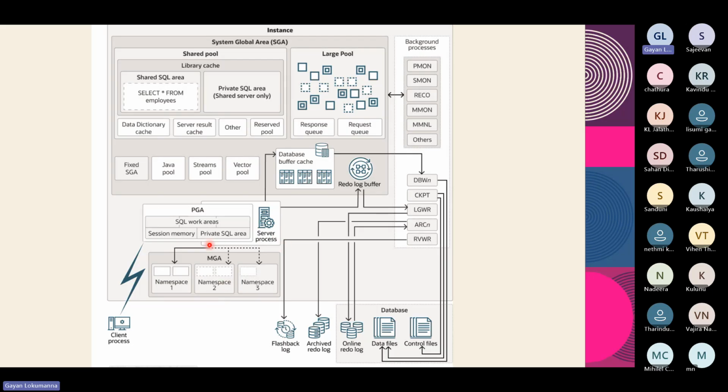So all these will be managed within a memory area called the PGA. And this PGA is bound or attached to the server process. So when I say attached, this PGA is actually a private space for the client process. Since this server process is dedicated to the client process, it will also use this space in order to keep the client's private information.